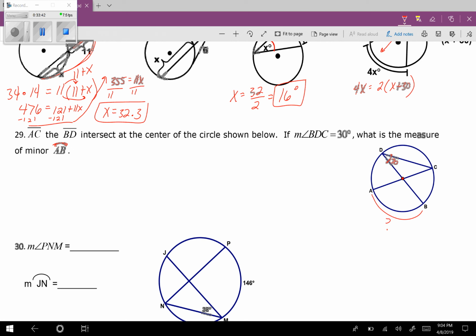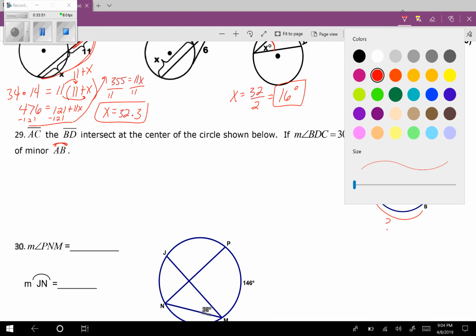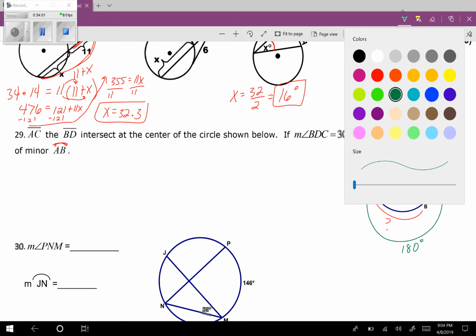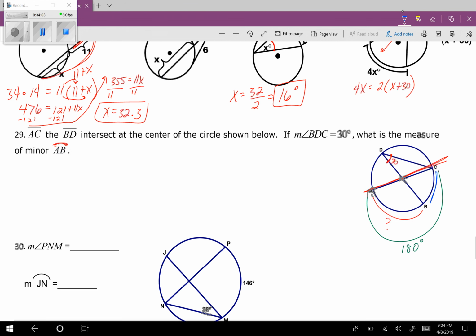Okay, so let's look here. Y'all see this line AC. Now it's creating a semicircle. So I know that from A going around to C, that's going to be 180 degrees. So if I can figure out CB right here, then I could figure out what AB has to be.